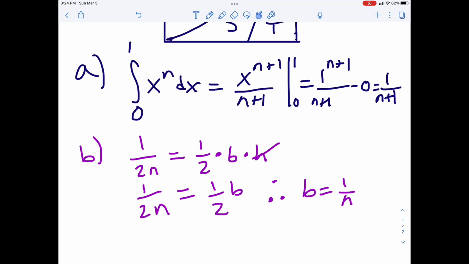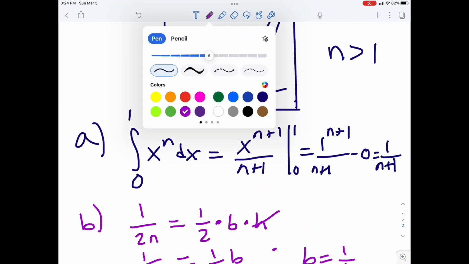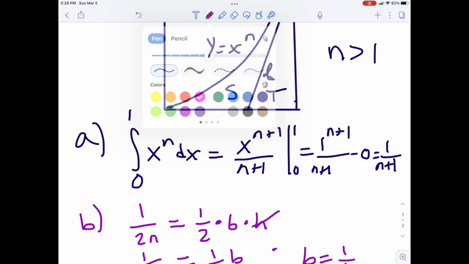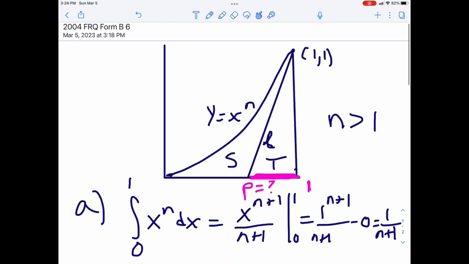But now let's actually prove this. So we know that the base of this triangle is this region right here. And we know this is at 1 and this is at some point p. So we need to solve for what p equals. What we do know, though, is that L is a line.